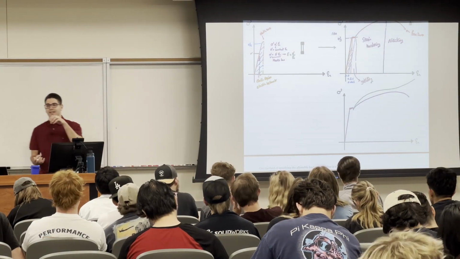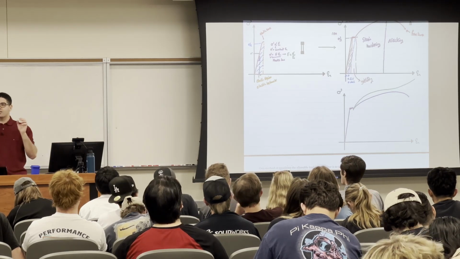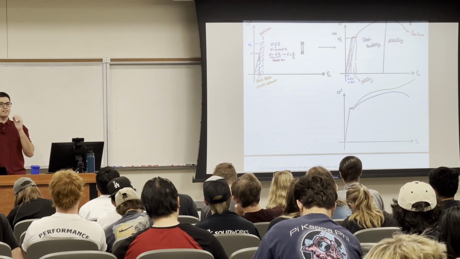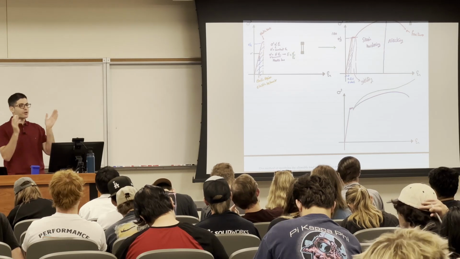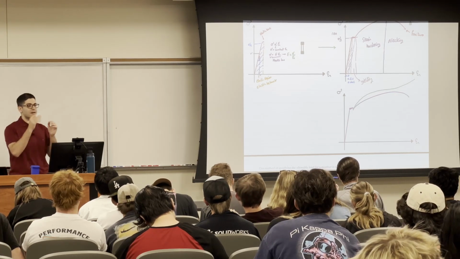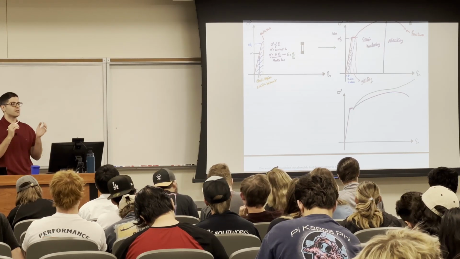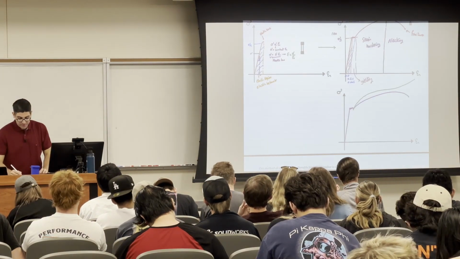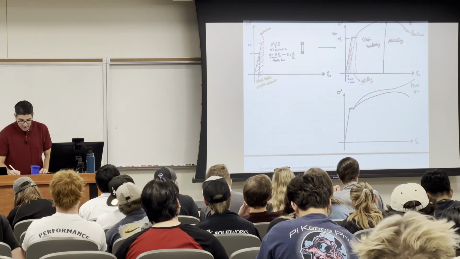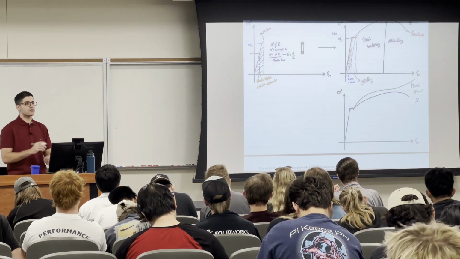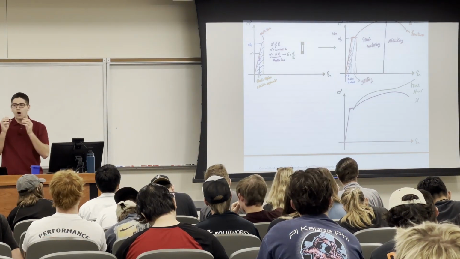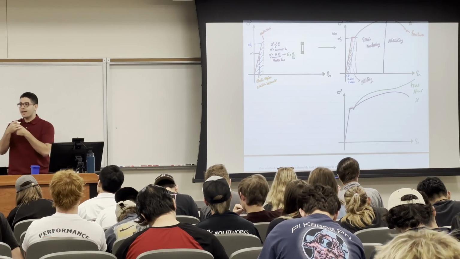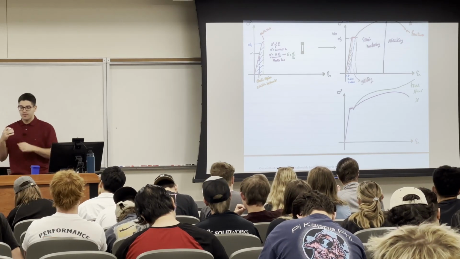If you notice from the test, the area kept decreasing. So when I divide the same force over a smaller area, what happens to the stress? It increases, right? That's why we have higher stress. But again, this is what we call true stress-strain, and we don't use it. We just stick with the theoretical because it's hard to track how much the area is decreasing, okay?